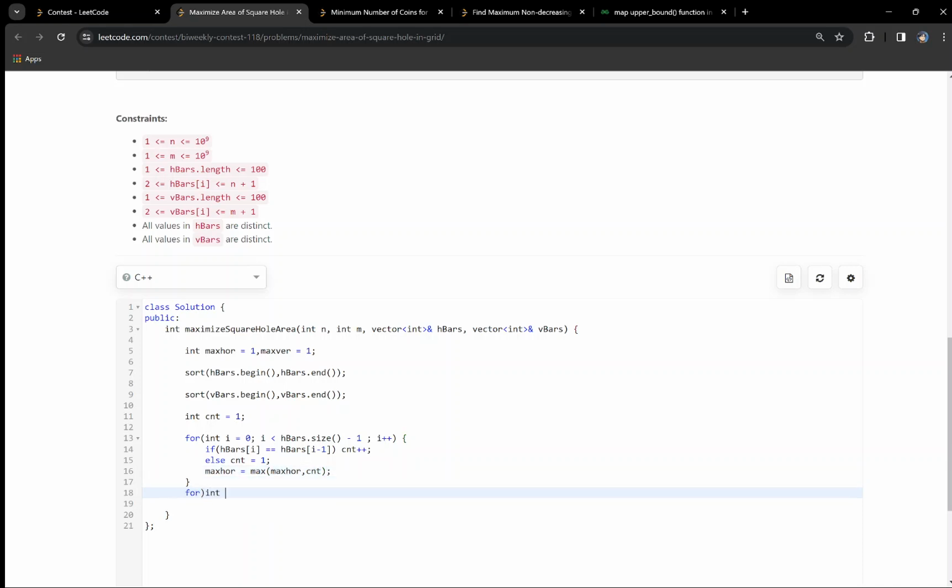Similarly for int I equal to 0, I should be less than v bars dot size, I plus plus.